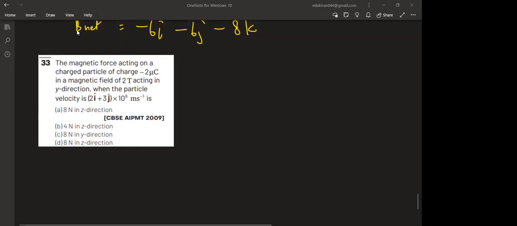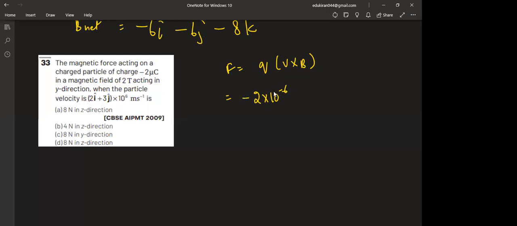See this question, magnetic force acting on a charged particle of charge minus 2 microcoulomb in a magnetic field of 2 Tesla acting in y direction, and the particle velocity is 2 I cap plus 3 j cap into 10 to the power 6 meter per second. So see, magnetic Lorentz force will be what? Q V cross B. Charge is minus 2 microcoulomb, so 2 into 10 to the power minus 6.